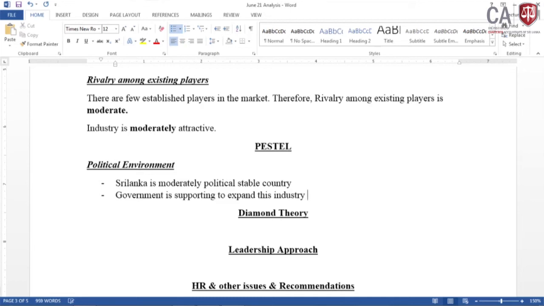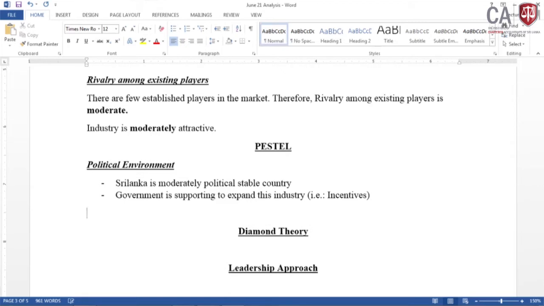I hope the government is giving some incentives, like tax incentives. Then the next one is the economic environment.